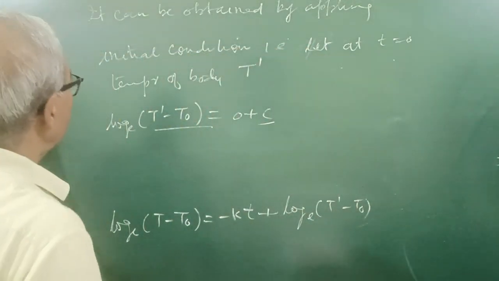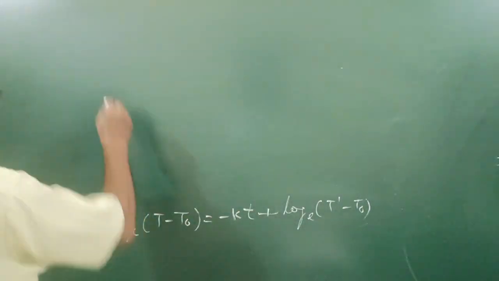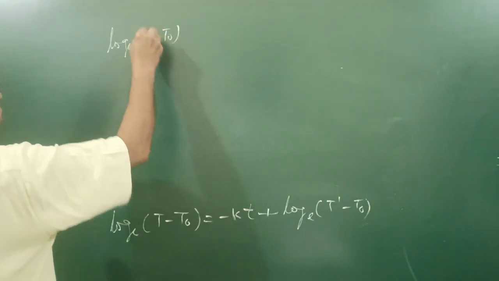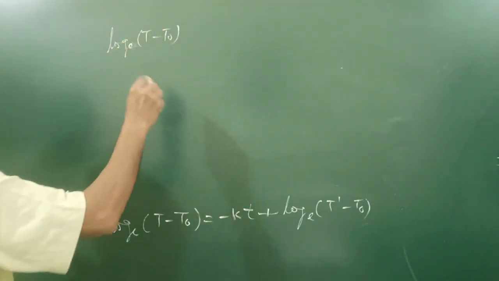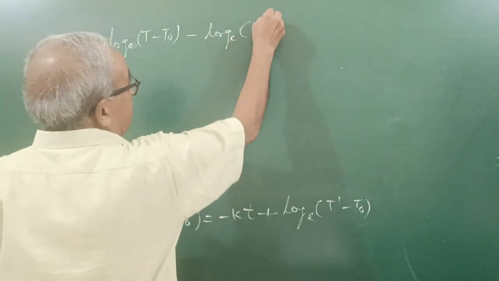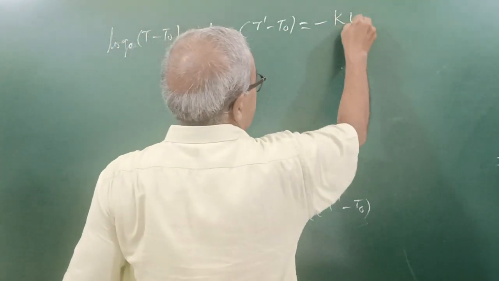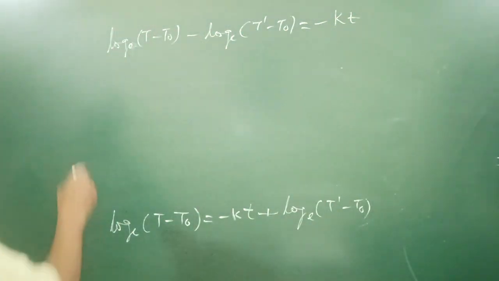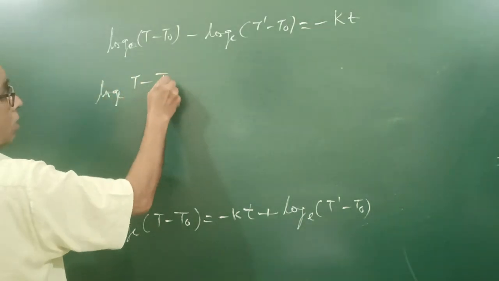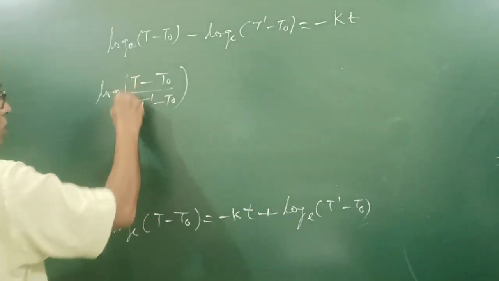Now we can write this as log base e of T minus T0 minus log base e of T dash minus T0 is equal to minus kt, or log base e of T minus T0 upon T dash minus T0.